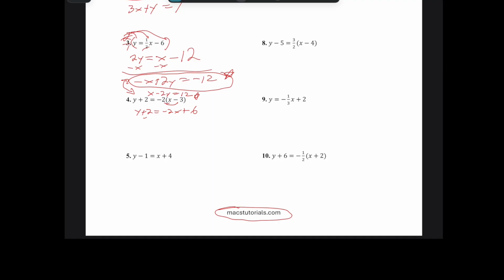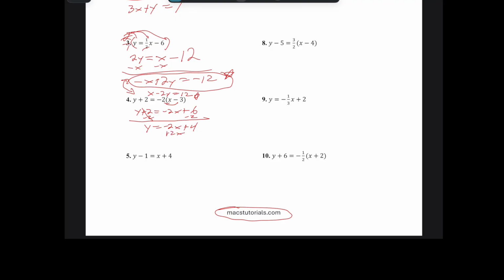Well, the first thing I'm going to do is I'm going to minus this 2 because I know I want all my numbers on the right. y equals negative 2x plus 4. Guess what? I just turned point slope into y-intercept right there. Did you notice that? So if anybody asks you to transfer from point slope to y-intercept, all you have to do is distribute through the parentheses and then just get all the numbers over.